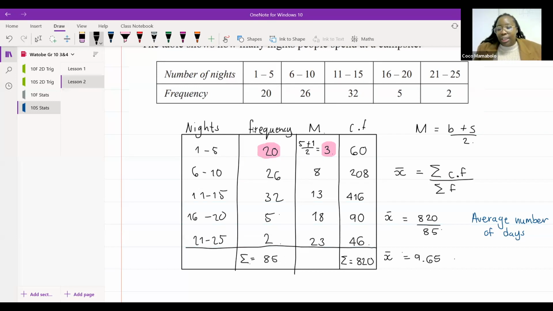Let's not round up or down. You can have 0.65 of a day; it's just a fraction of a day. You can have half a day or a quarter of a day or 3/4 of a day. It's very possible. So we're going to leave it at 9.65 days.